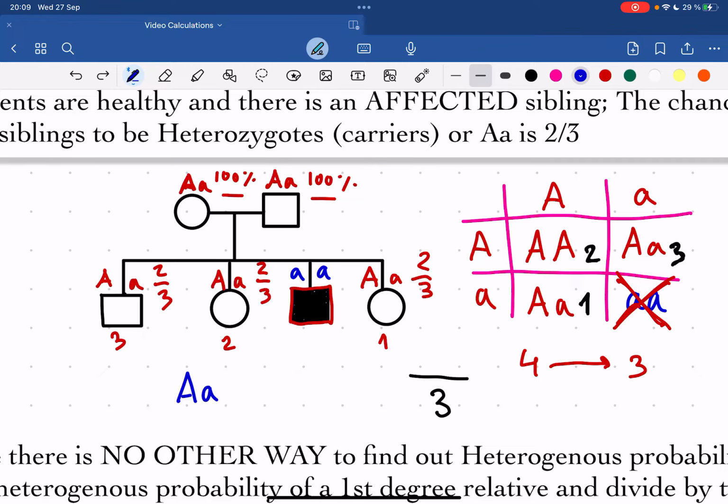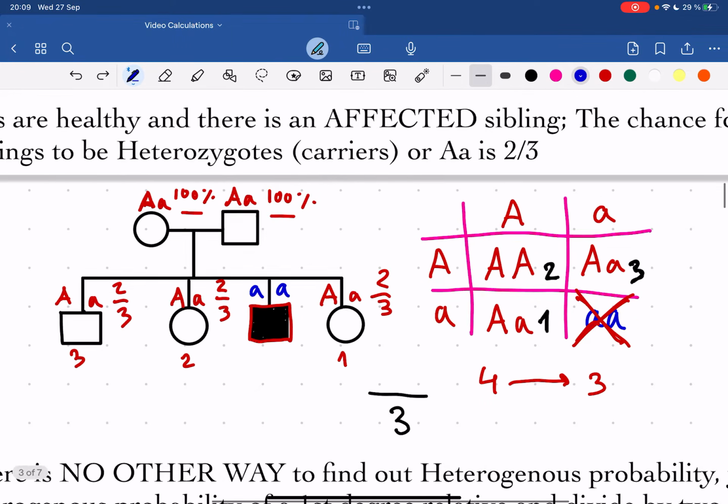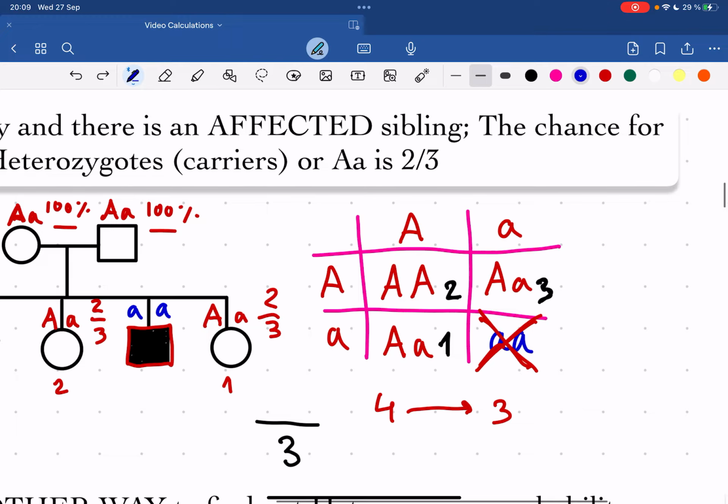child later on, right? So the possibilities that these siblings have a heterozygous phenotype would be this one and this one. It would be 1 and 2 out of 1, 2, 3. Just like that.